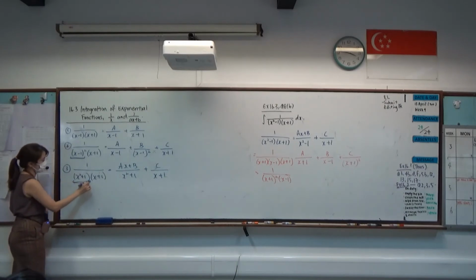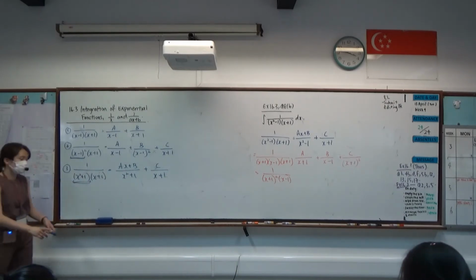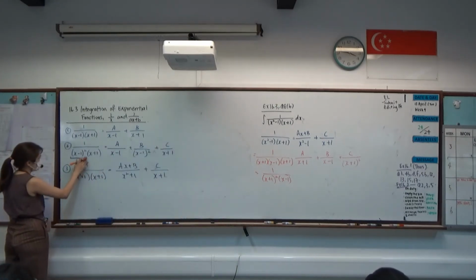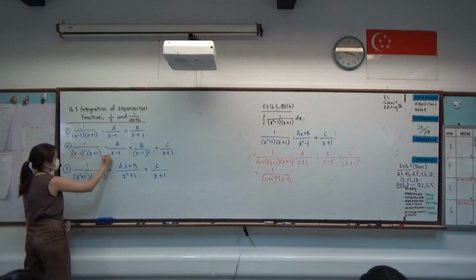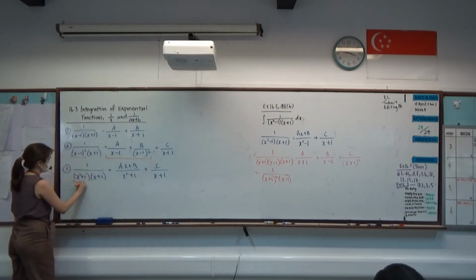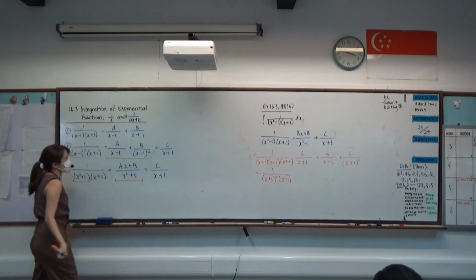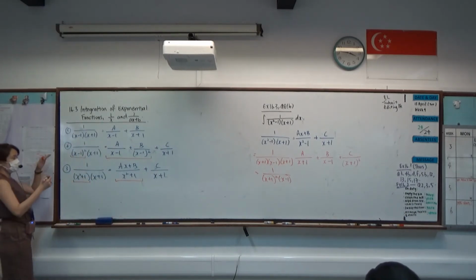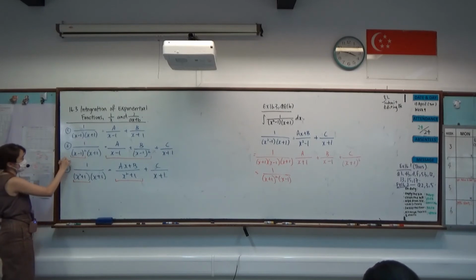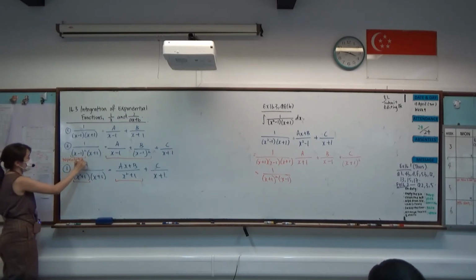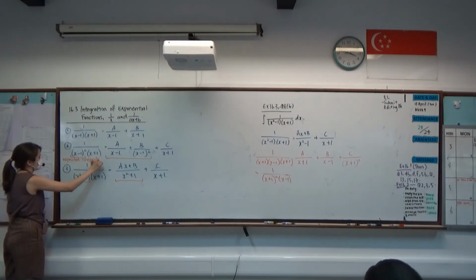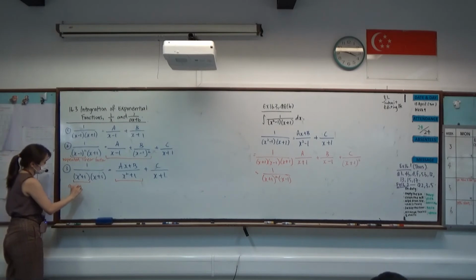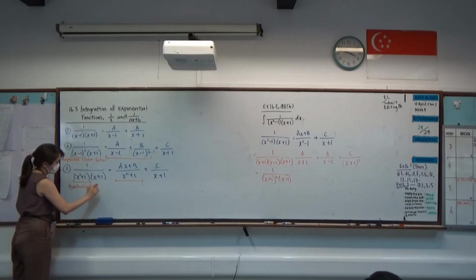Issue here is this one. Hope you recall this. Clear? So in your textbook, I recall chapter 3, this one is called repeated linear factor. This one is called quadratic factor. A quadratic factor may not always look like this.